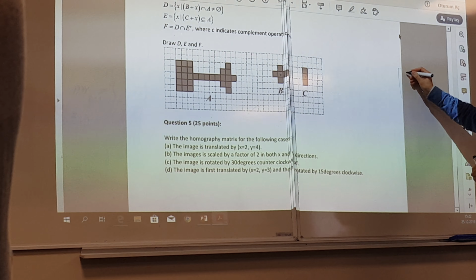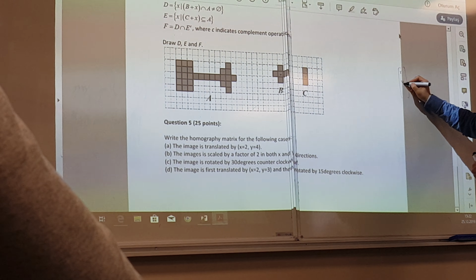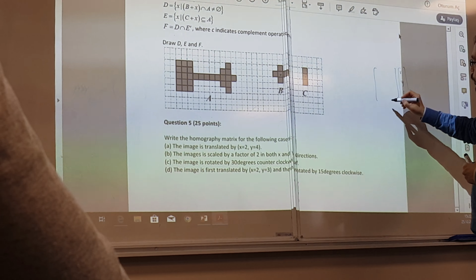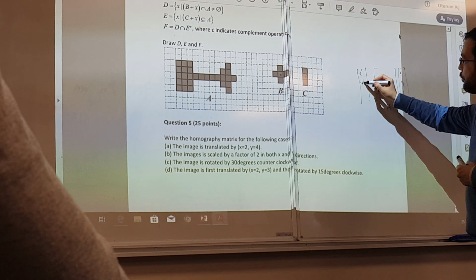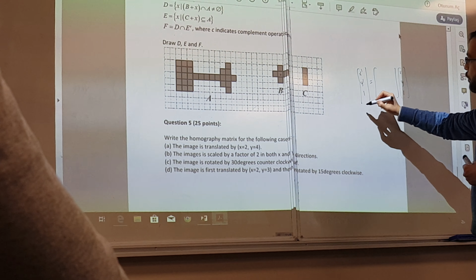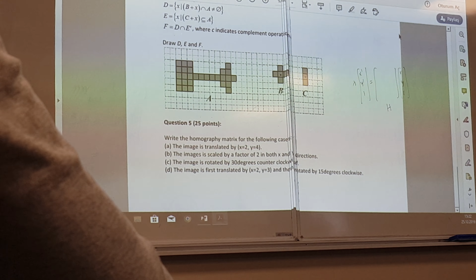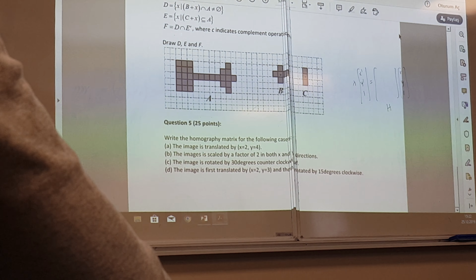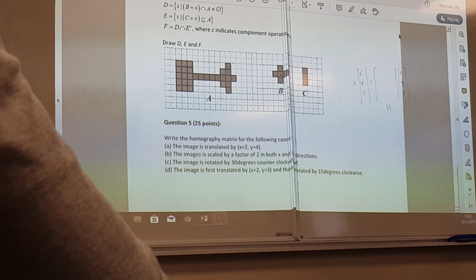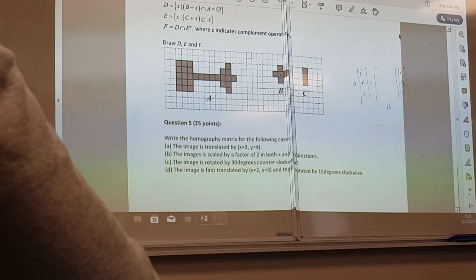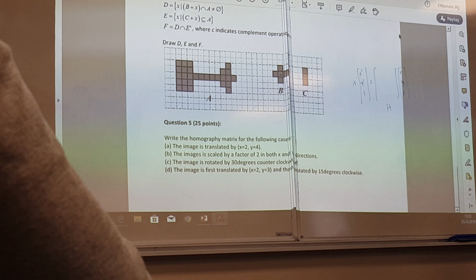So we have, for example, a point x, y, 1 multiplied with the homographic matrix capital H, and we're going to have x prime, y prime, and 1, and there will be a scale factor lambda in front. So that is the homographic transformation. The first one is we do a translation by 2 in x direction, 4 in y direction.